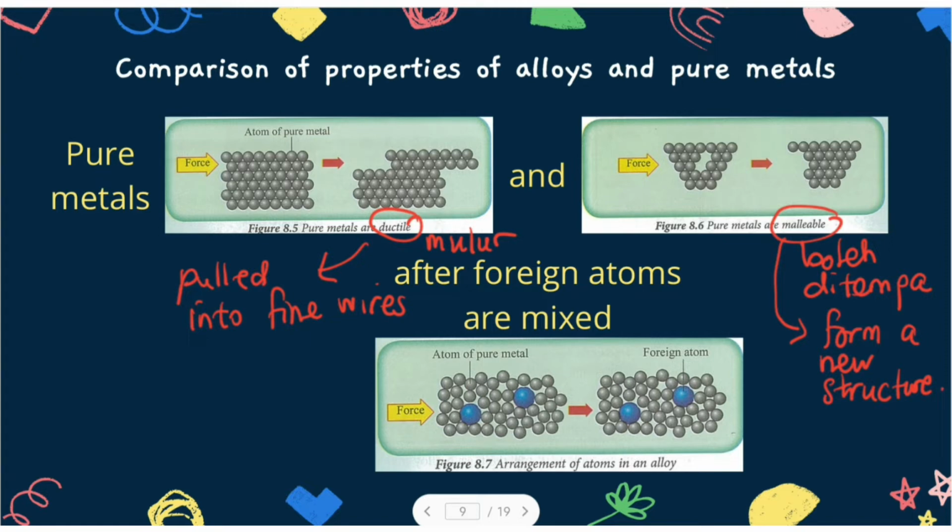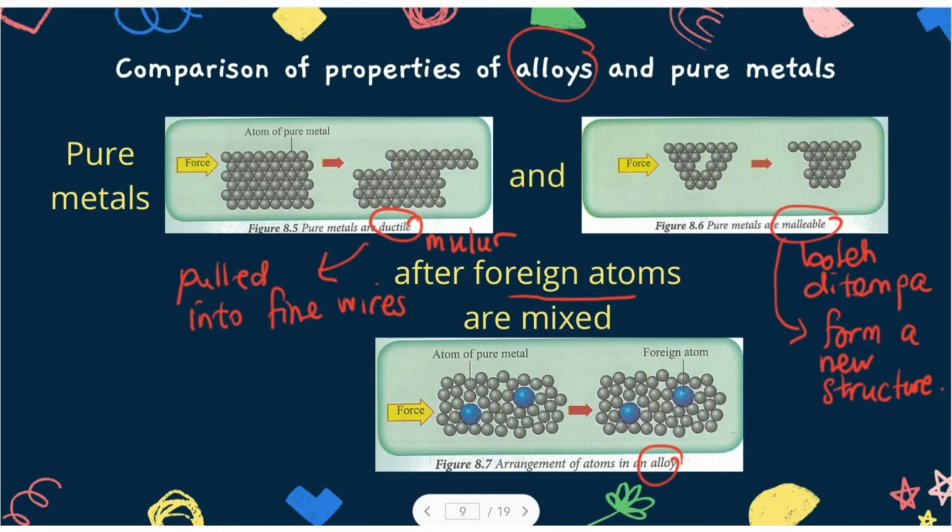Now let's look at alloy, the arrangement of atom in alloy. What's the difference from the pure metal? In pure metal, you can see the atom is the same size, same shape, same type. But in alloy, we put a foreign atom. Okay, kita masukkan atom asing.